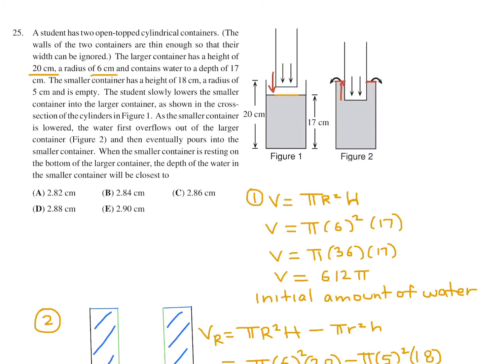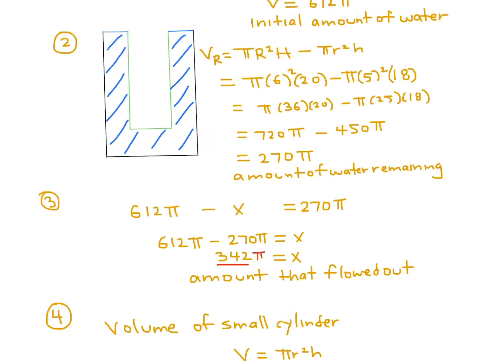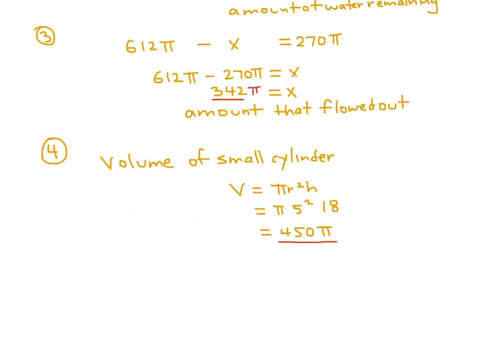And the reason is because the water level initially was at 17. It was not at 20. If the water level was initially at 20, then yes, the amount that flows out would be equal to the volume of the cylinder. But the initial height of the water is not 20, it's 17. And that is a crucial part of this question that unfortunately can get you the wrong answer or an answer that's not even close to the answer choices.